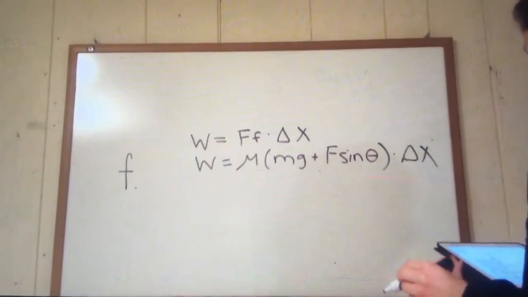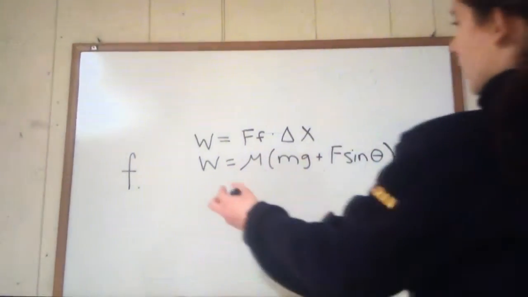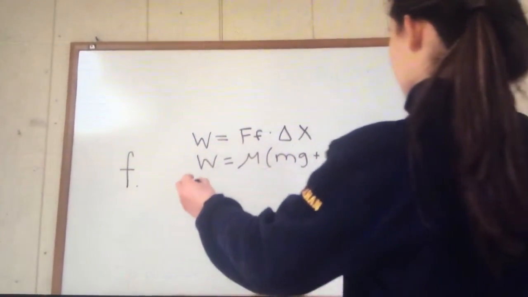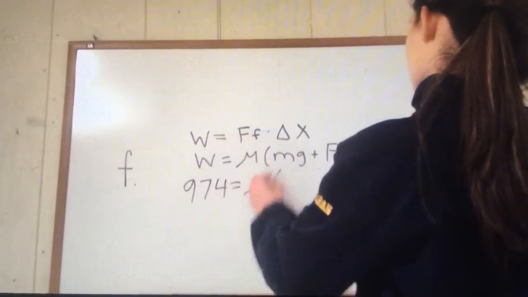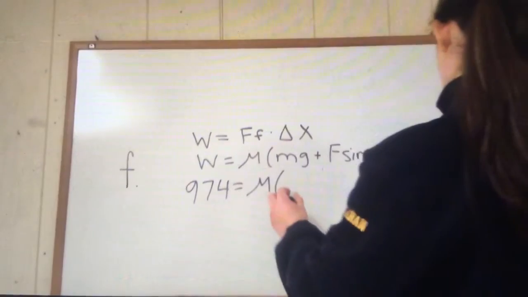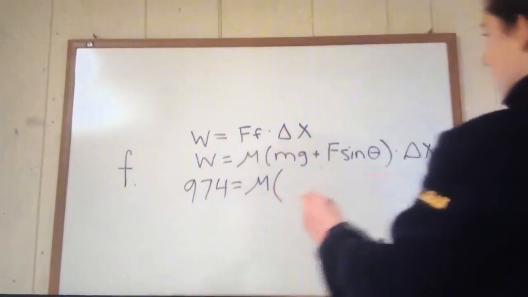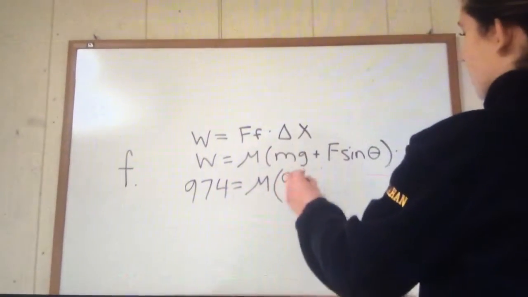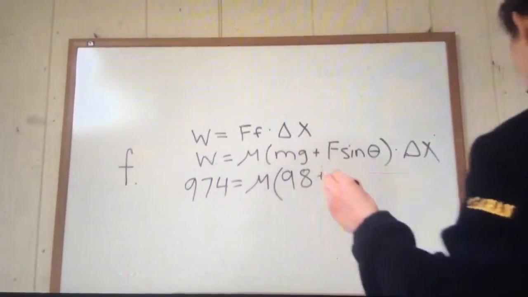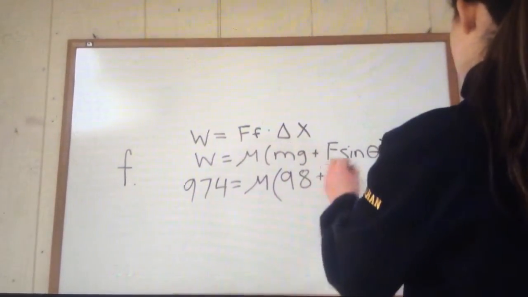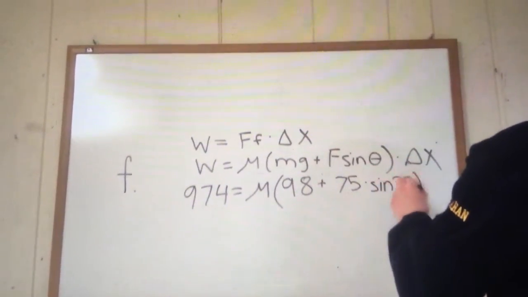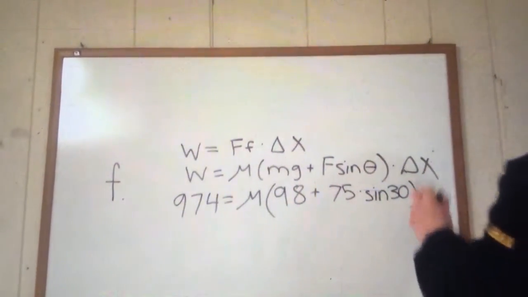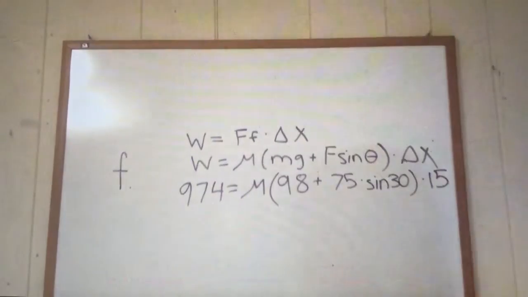Next, we will plug in the work, which we saw before in part B, as 974 equals mu times (mg, which we will do 10 times 9.8, which is 98, plus 75, which is the force, times sine of 30) times the displacement, which is 15 meters.